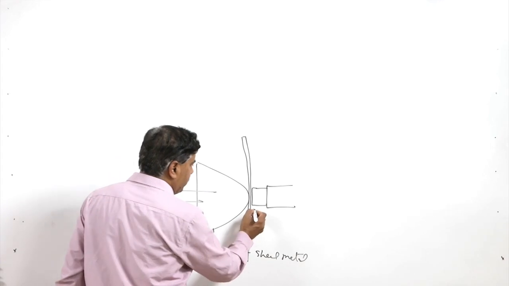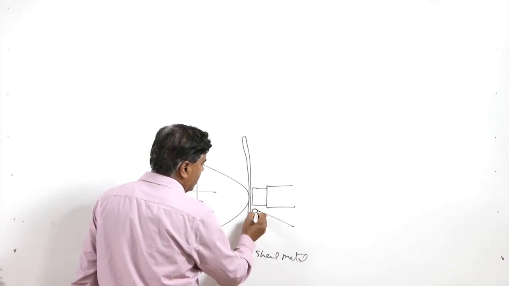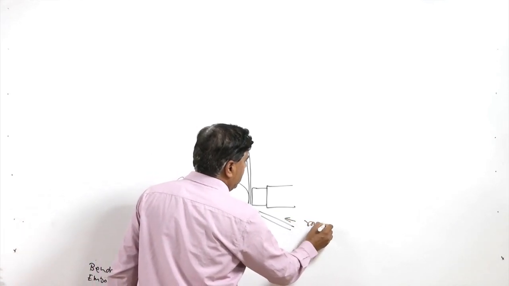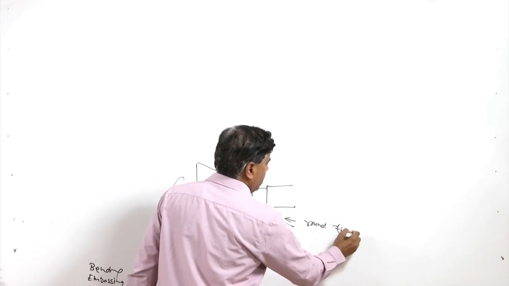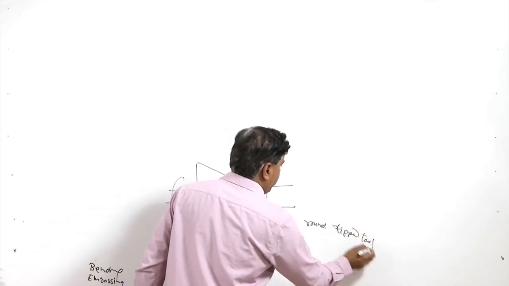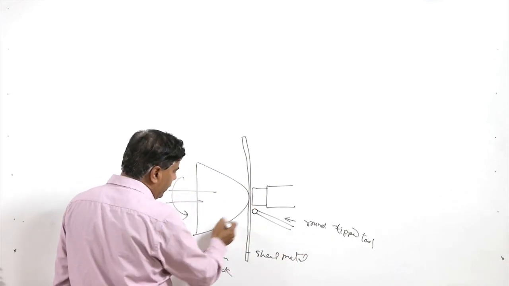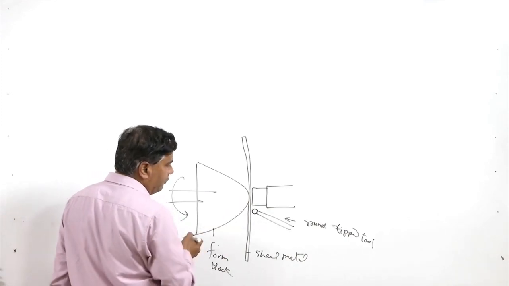Now, with the help of a round tipped tool like this, the sheet metal is pressed. Basically, the round tipped tool is pressed against the sheet metal, so it follows the shape of the form block.